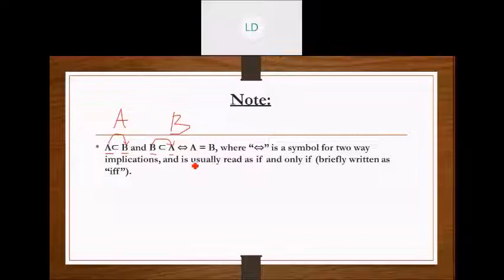Now this is the definition. So what does this mean? Here we consider this if and only if condition. This symbol is called if and only if; it gives a double implication. It means if this happens then that will happen, and if that happens then only this will happen. It means two things are dependent on each other.